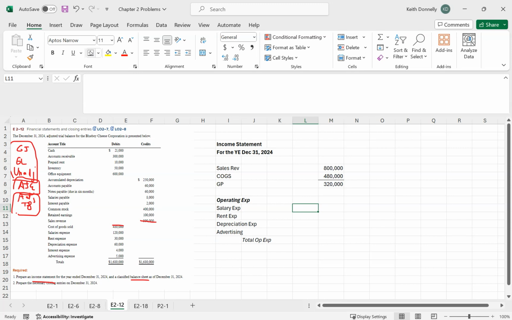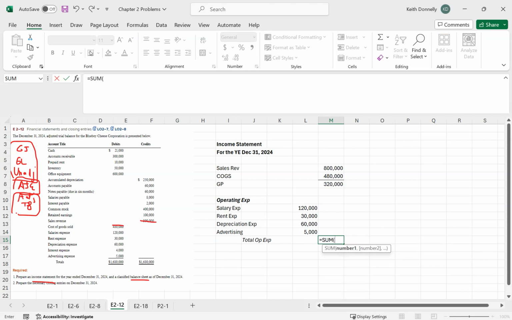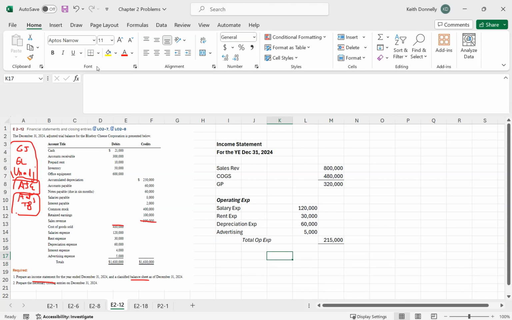If we pluck these from that TB over there, it's going to be 120,000, 30,000, 60,000, 5,000. We sum those, and we're looking at 215. We put a little item there.